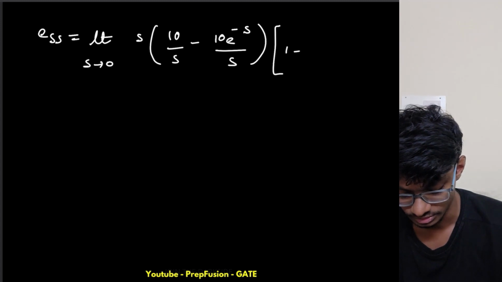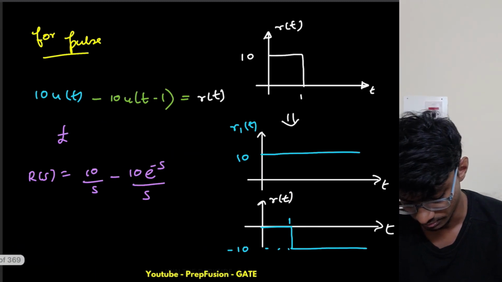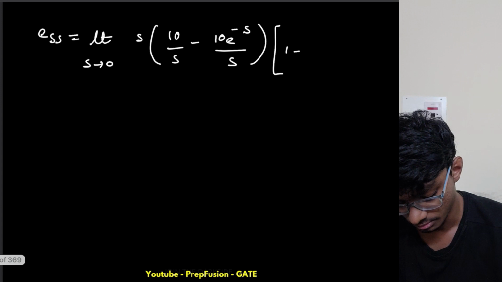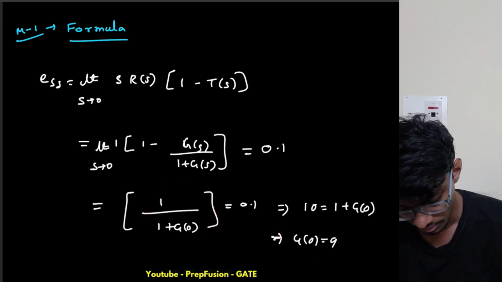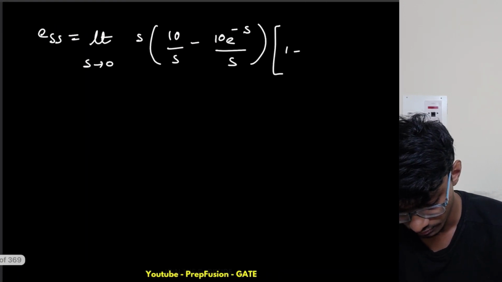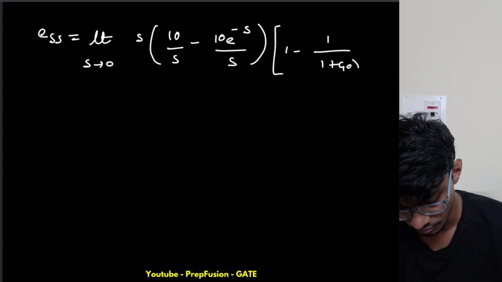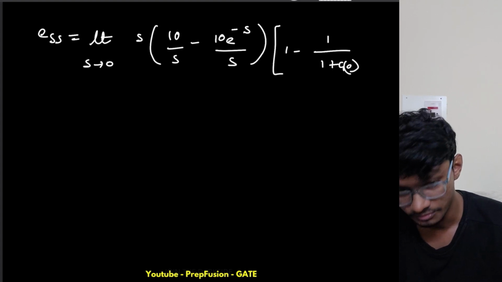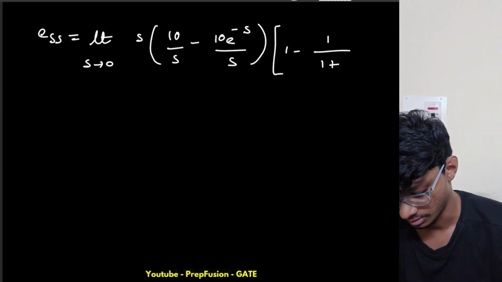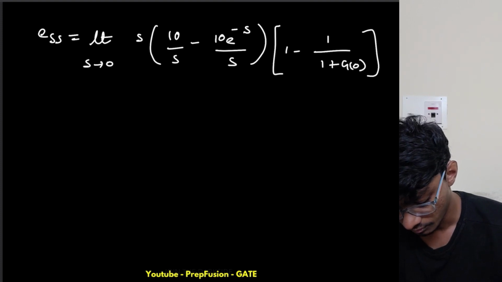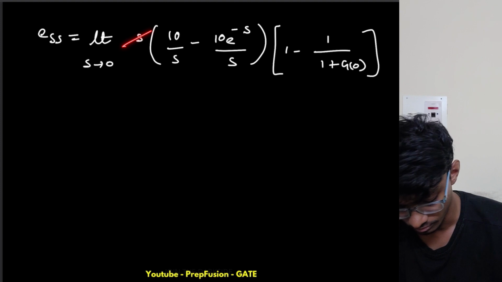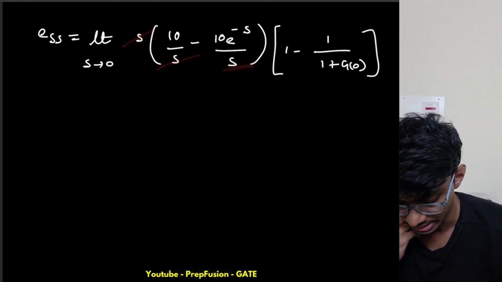1 minus t. What is t of s? T of s is simply this one, 1 upon g of 0. Okay, 1 upon 1 plus g of 0. But what you will observe is this won't even matter. If you multiply with s, this s gets cancelled.